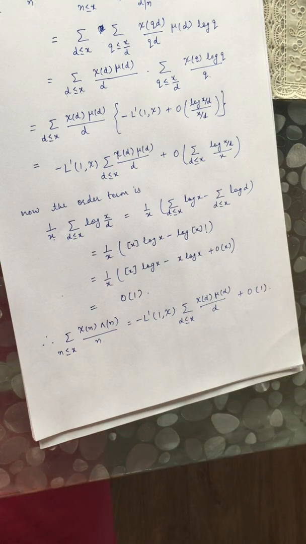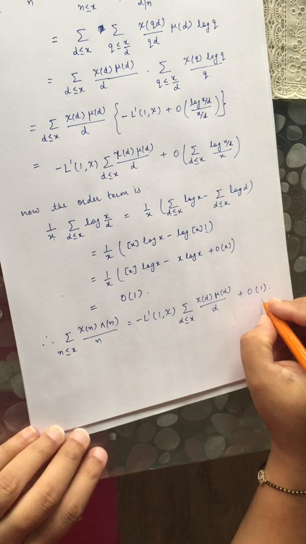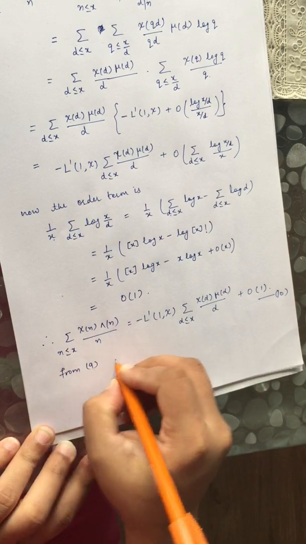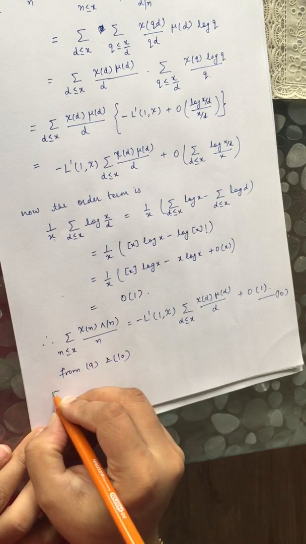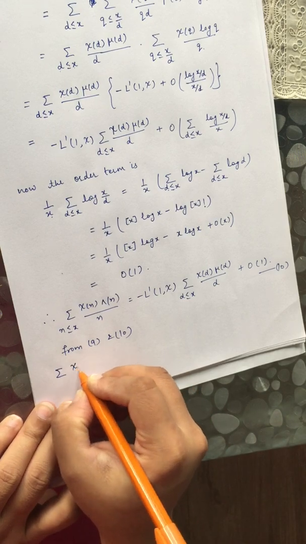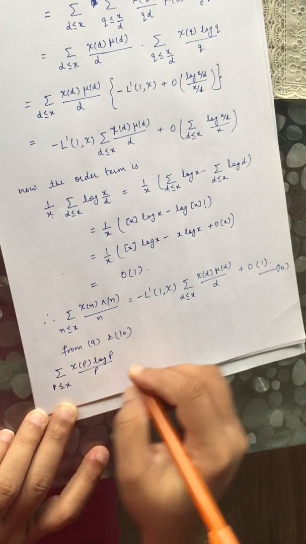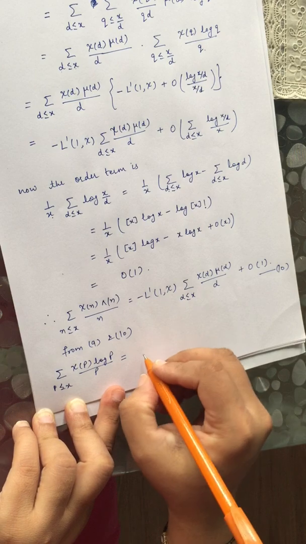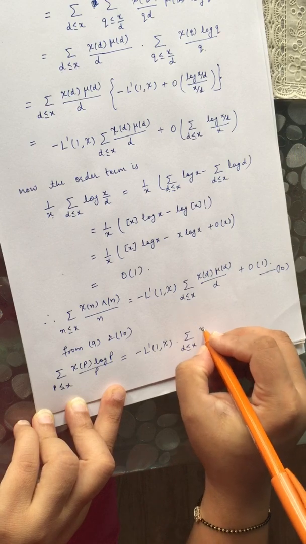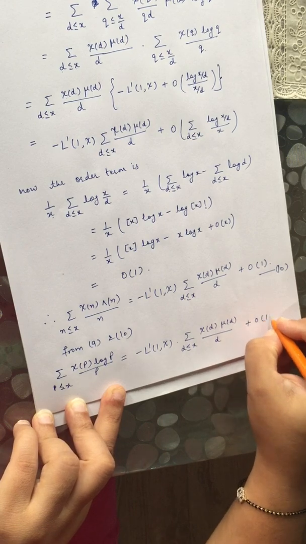Now if we combine this equation with our previous equation, equation 9, then we get the required result. So let this be 10. So from 9 and 10, we can conclude that summation χ(p) log p / p over the primes p less than or equal to x is minus L'(1,χ) summation χ(d)μ(d)/d plus O(1).